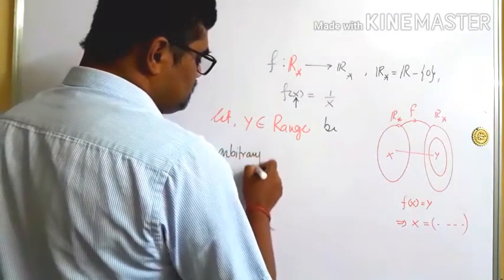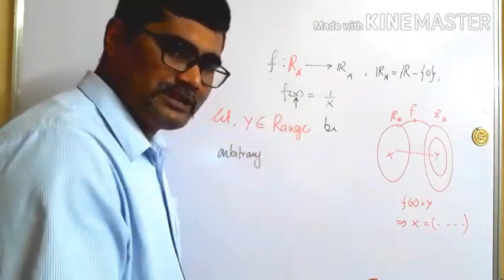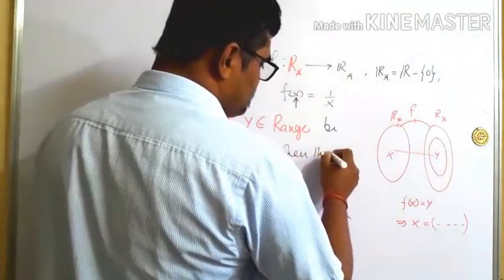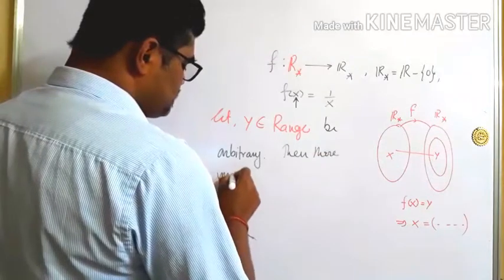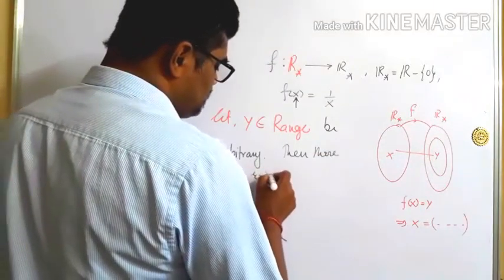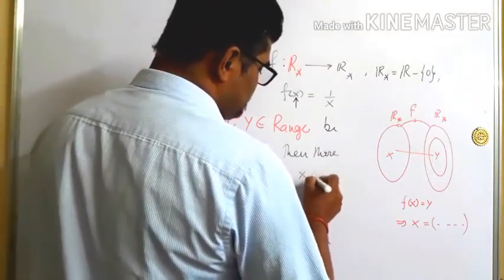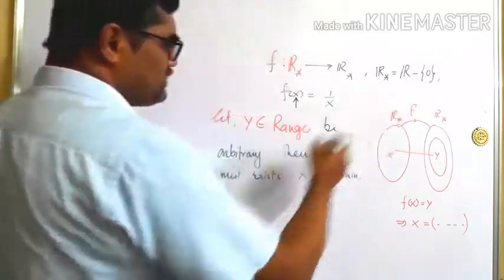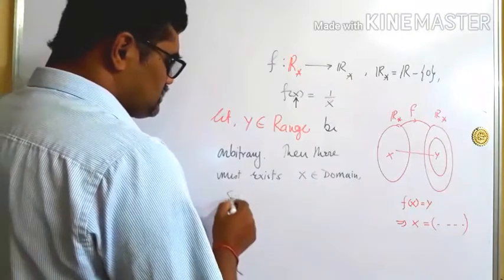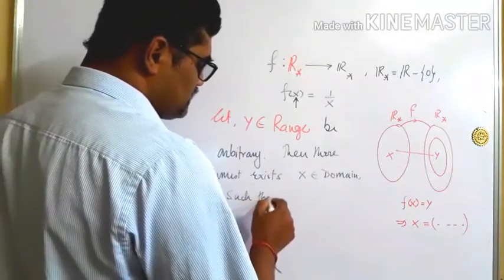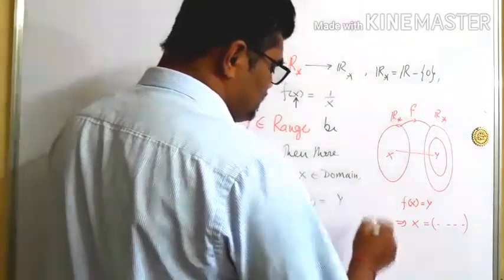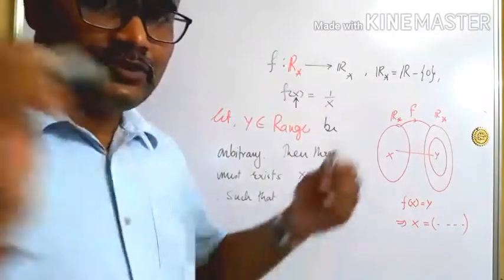Arbitrary means any randomly picked point. Then there must exist x belonging to the domain, you may write R plus or R star also, such that f of x equals y. Till here I'm sure that you are very clear.